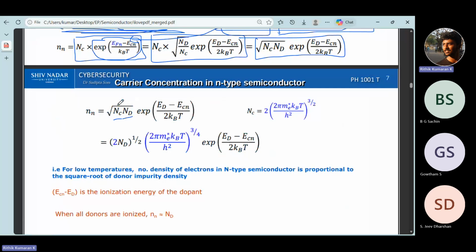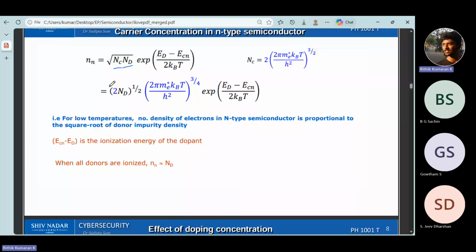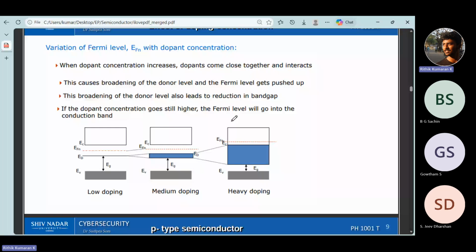Pretty much simple. So, the effect of doping: if you increase the doping concentration, the dopants will interact more. If you have more dopants, obviously the dopants will interact more. What it will do, it will cause the Fermi level to push up. Why does the Fermi level go up?